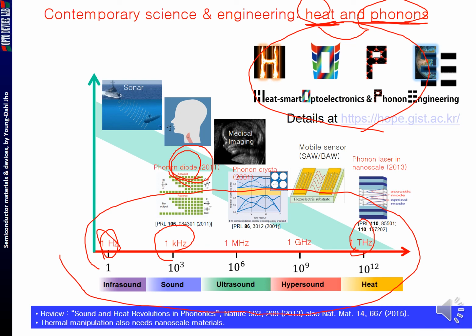And then there comes ultrasound imaging, like medical imaging, which is very successful, and it is based on phonon manipulation. And there comes something new, like phononic crystals, and also our mobile communication uses some filters like SAW filters and BAW filters.